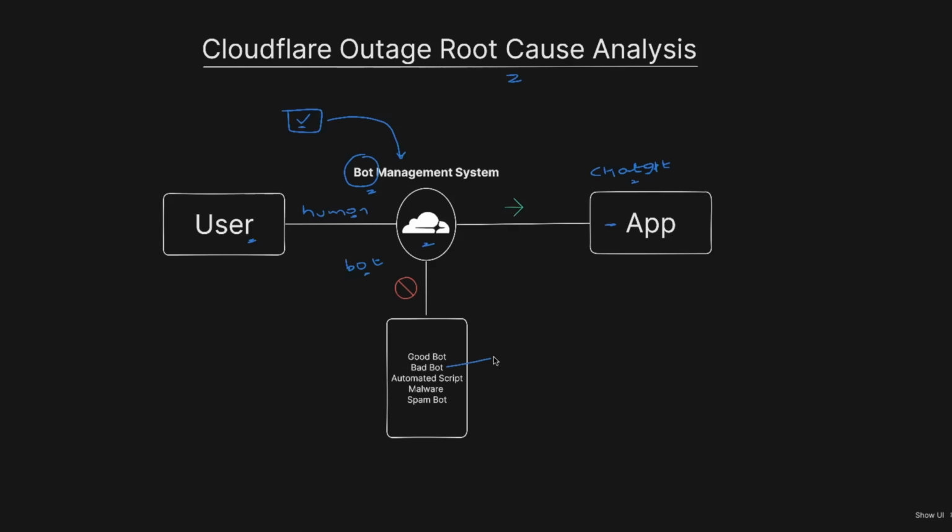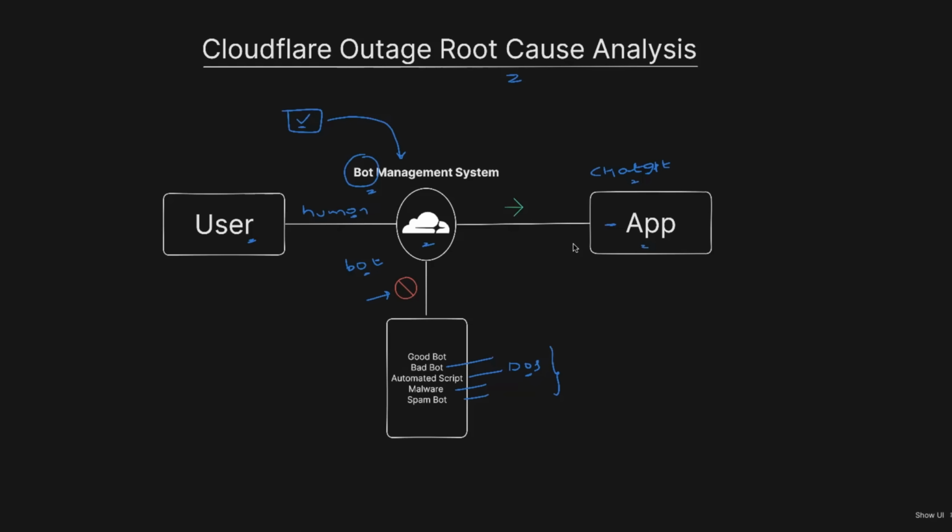Something like a bad bot or an automation script written by a hacker for denial of service, malware, or even a spam bot. In all of these cases, the bot management system blocks the request. If it understands that the checkbox was clicked by a human, it forwards the request to the website.